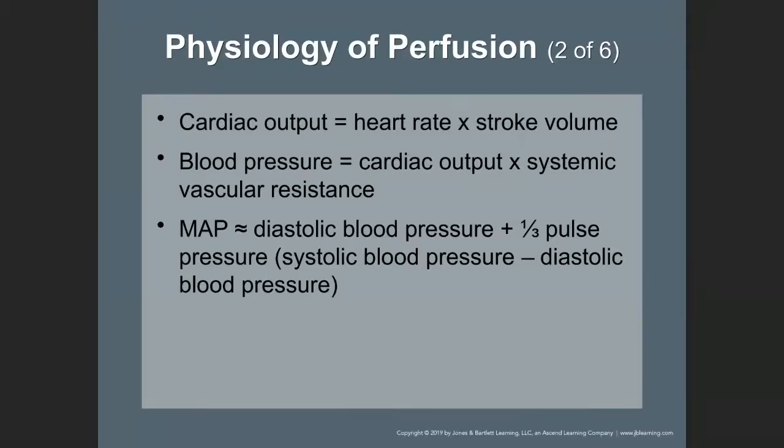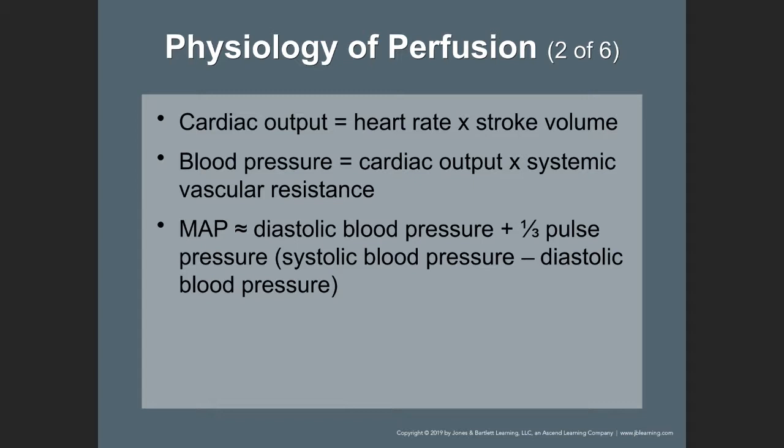So the mean arterial pressure gives a clearer picture of how perfused the brain and the core organs are. And there's a formula for you to work that out. A normal mean arterial pressure should fall between 70 to 100 millimeters of mercury. Anything below 65 should be concerning. It means there is poor perfusion at that point.